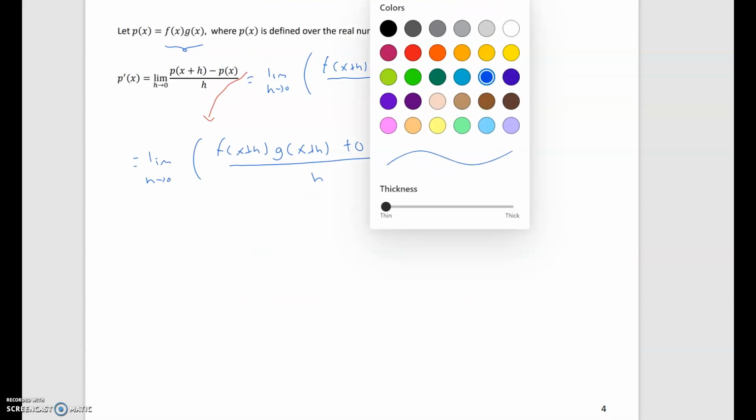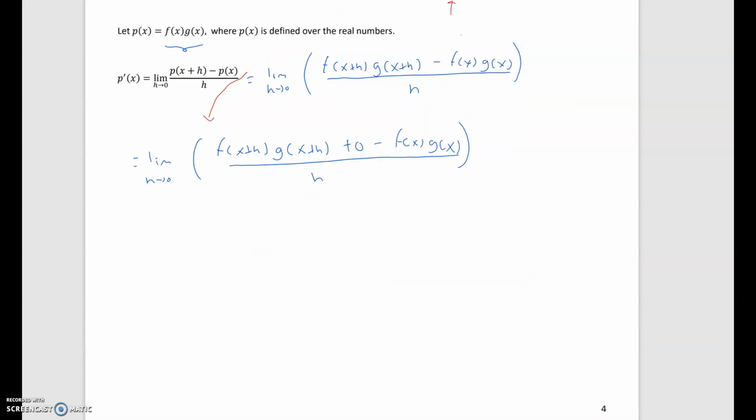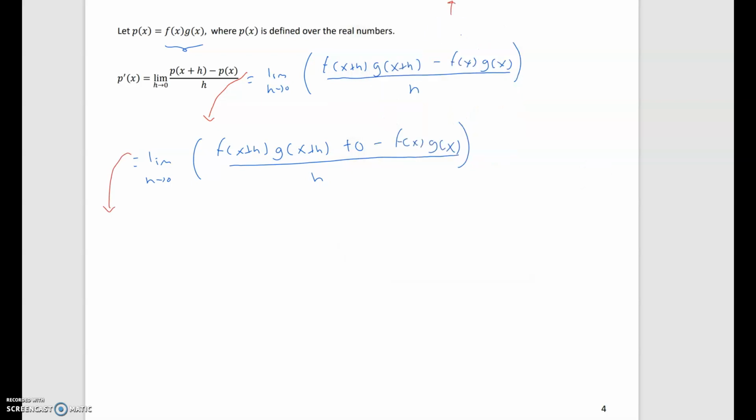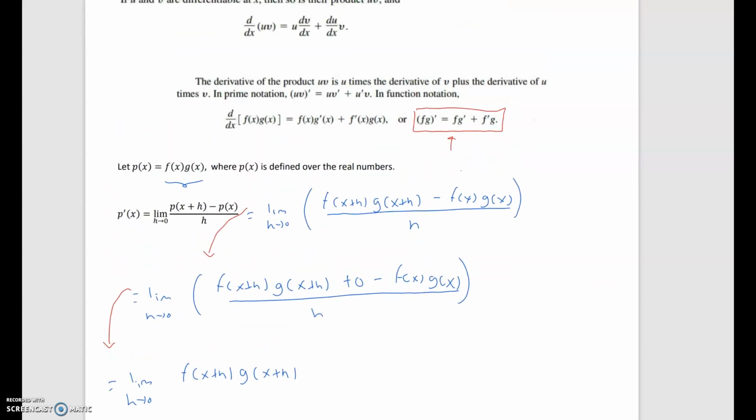So at this point, this is equivalent to the actual limit as h approaches 0 of f of x plus h, g of x plus h, and then I'm going to do the subtraction.